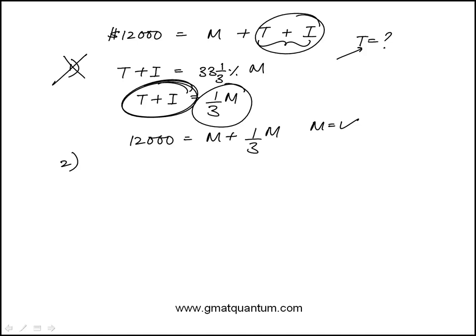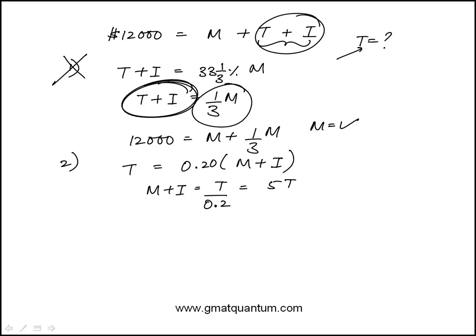2 says the amount that Arturo spent on his real estate taxes, T, was 20% of the total amount he spent on his mortgage payments and home insurance. So here, M plus I is equal to T over 0.2. 0.2 is really 1/5, so that would be 5T.